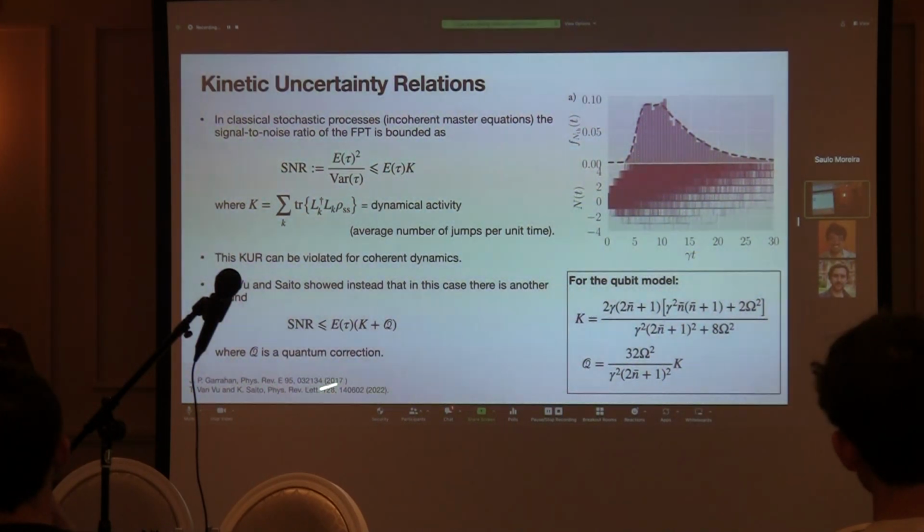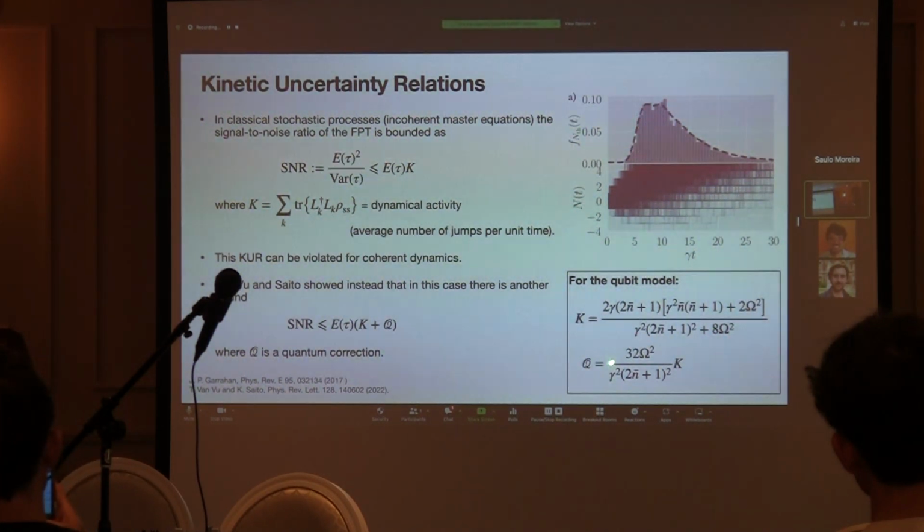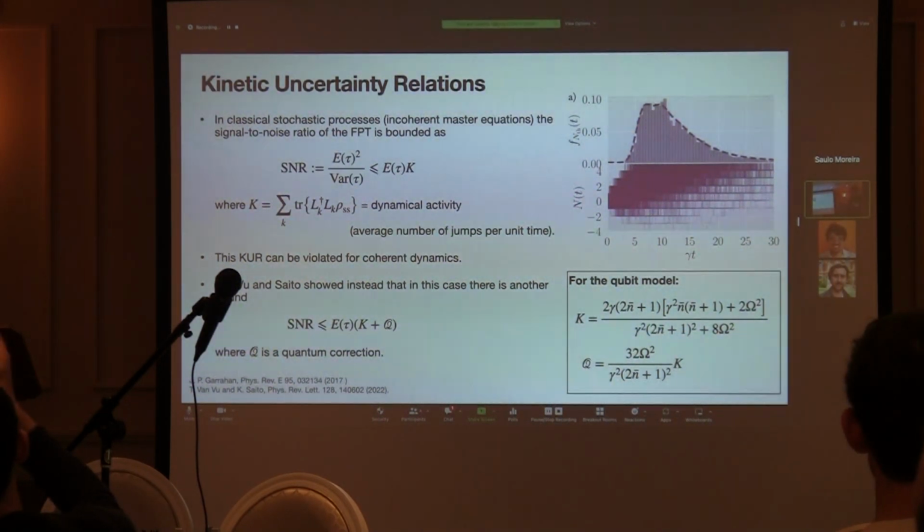More recently, Van Vu and Saito showed that there's a correction to this, where the signal-to-noise ratio has still the same term associated with the dynamical activity, plus a correction, Q. Just to give some reference, for the qubit model we were discussing, these are the explicit expressions, and it's important to notice that this Q is proportional to the Rabi drive. The Rabi drive is what makes the process coherent. If you kill it, you get a classical stochastic process where the qubit just jumps up and down.